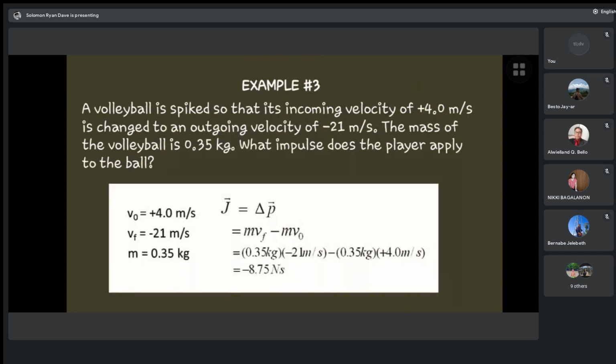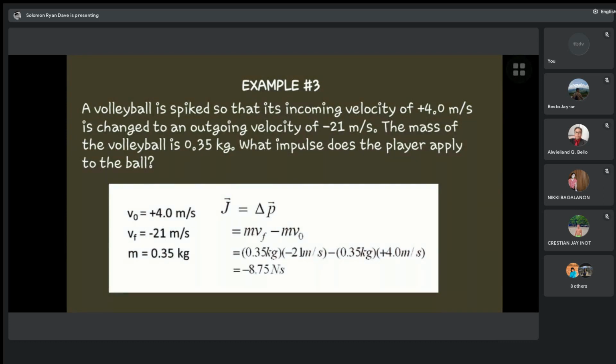Example number 3. A volleyball is spiked so that its incoming velocity of positive 4.0 meter per second is changed to an outgoing velocity of negative 21 meter per second. The mass of the volleyball is 0.35 kilogram. What impulse does a player apply to the ball?